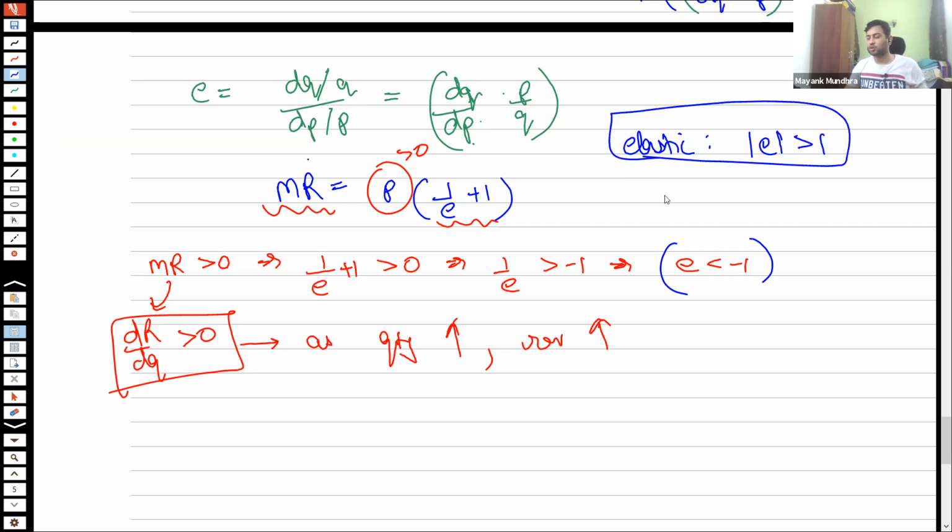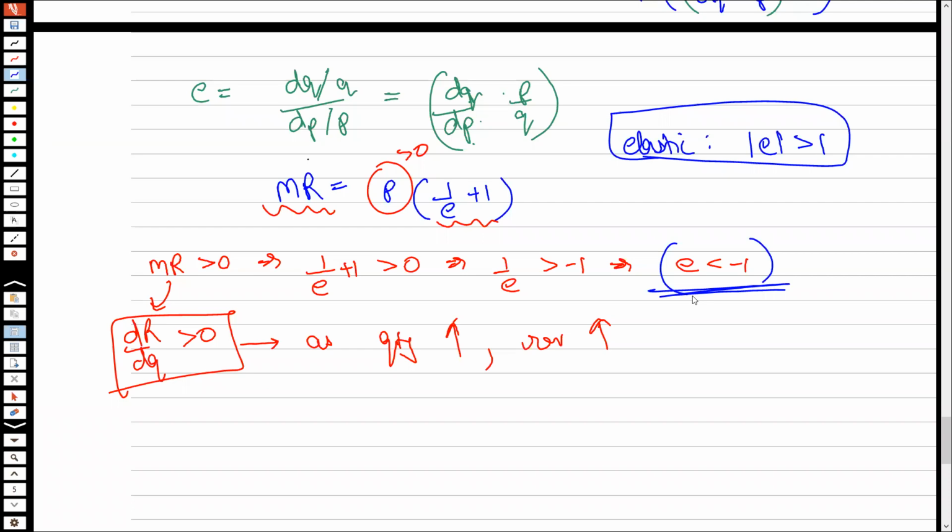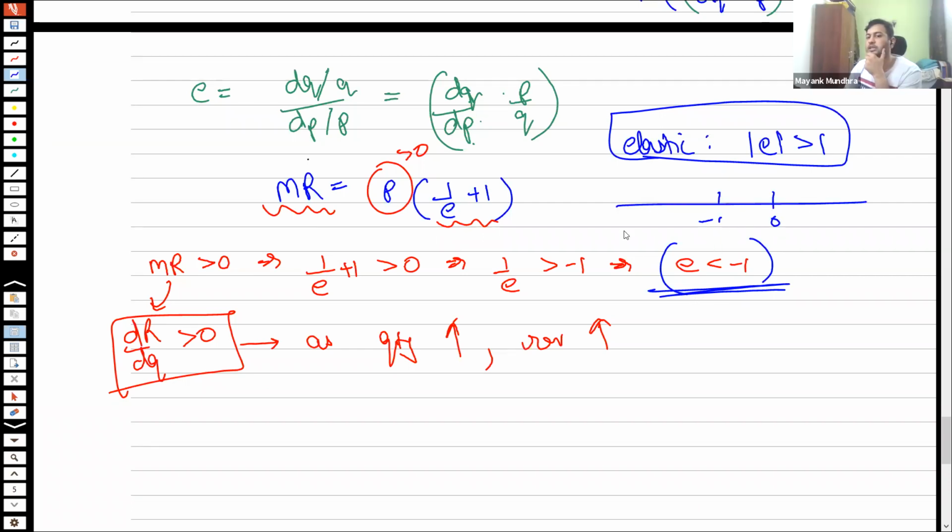And inelastic is mod E less than 1. So is this elastic or inelastic? Elastic. Very good. This is elastic because this is 0, this is minus 1. E less than minus 1 means it is here, which is basically mod E greater than 1. So this is the elastic zone for demand.